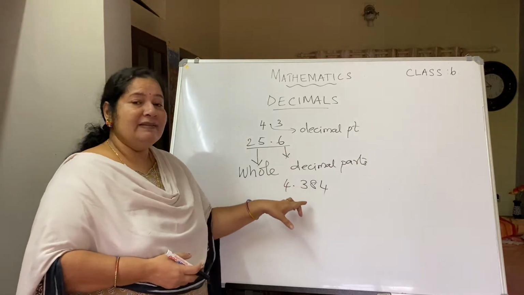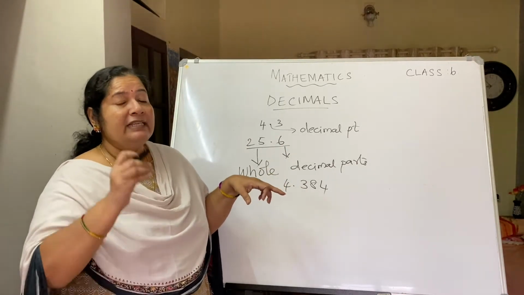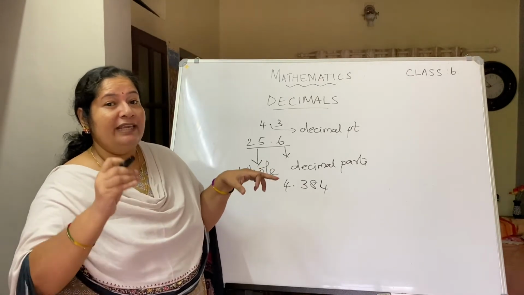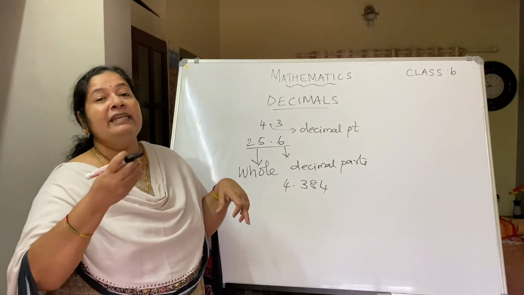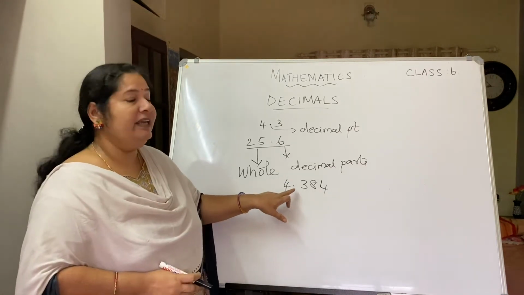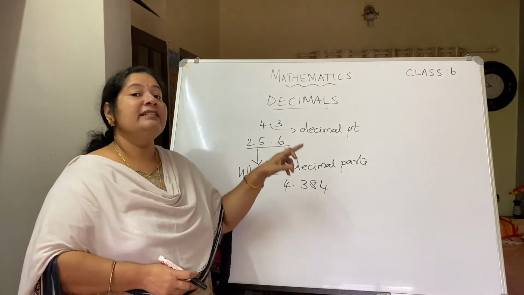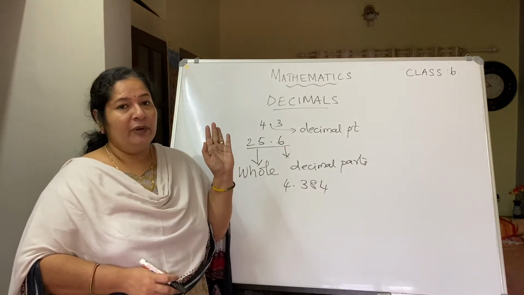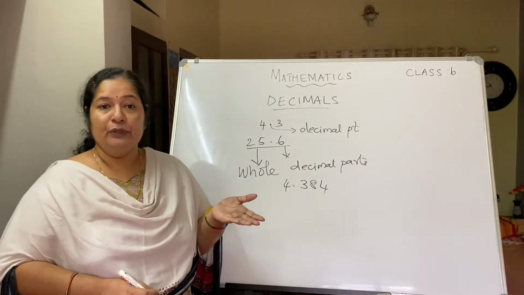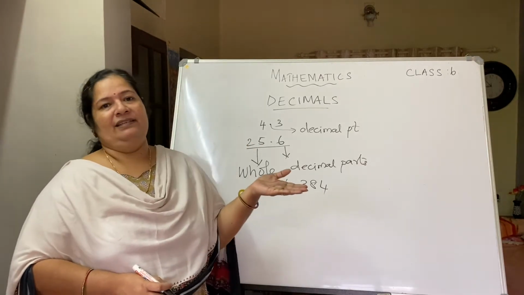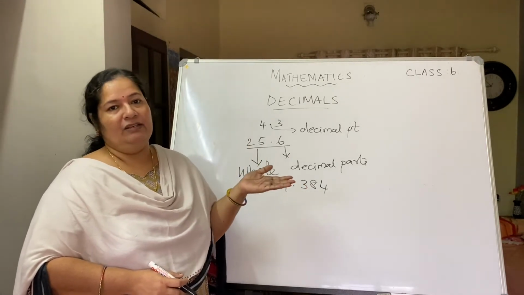To read this decimal, after the decimal point, each place or each digit is to be read individually. So this will be read as 4.3 8 4. You don't read it as three hundred eighty-four, because that is not a value or the place assigned. Each digit will have to be read separately or individually.